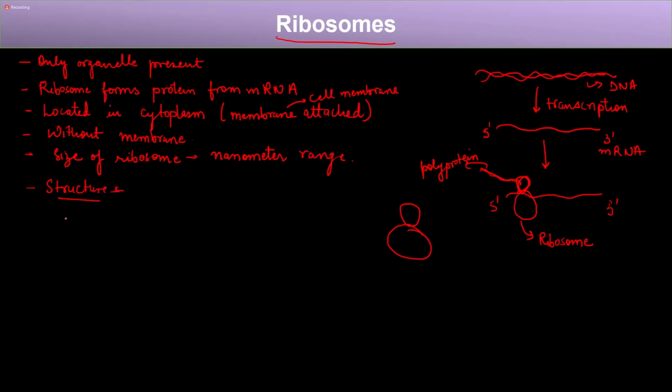It has two subunits. Just like a pen has a cap and a body, similarly it has two subunits. One is the larger subunit, and the other is the smaller subunit.